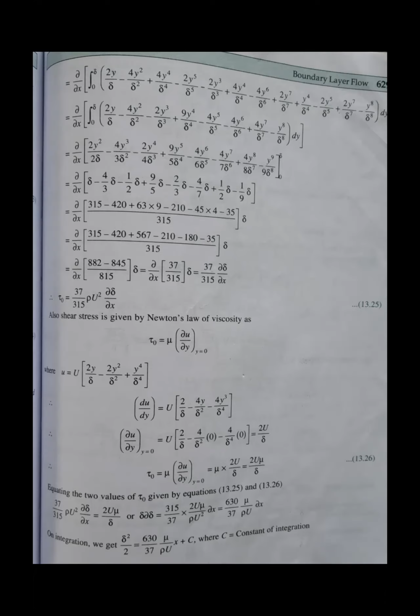And this again coming to 1 by 2 delta. For that, you have to avoid 2, and you have to write 1 into 3 into 5 into 3 into 7 into 2 into 9.